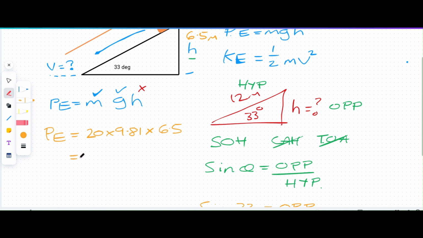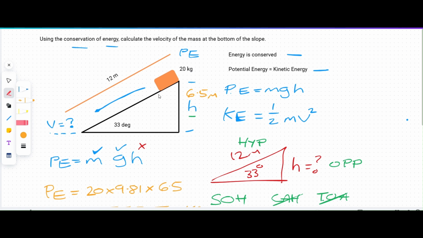So that gives you in joules, because energy is in joules, 1275.3 joules. That's how much energy this thing has got at the top. Okay, that's the energy in the system. So as this object now comes down the slope, that energy is going to convert into kinetic, because kinetic means moving. So as the thing moves, it's going to increase kinetic, decrease potential.